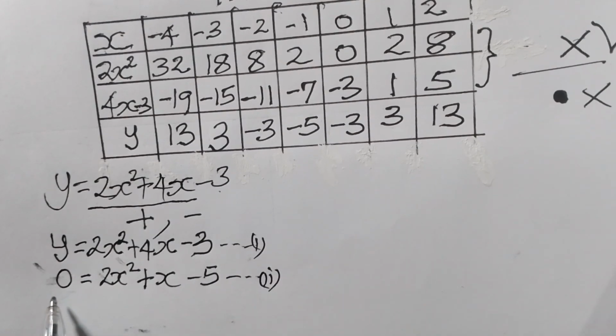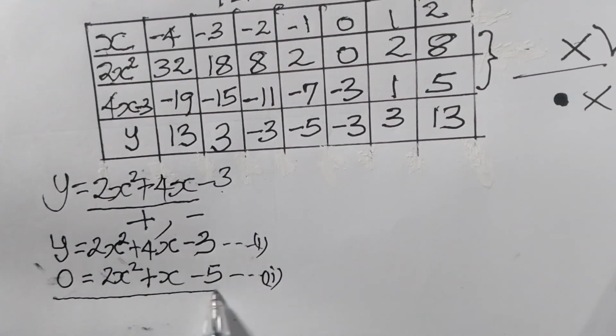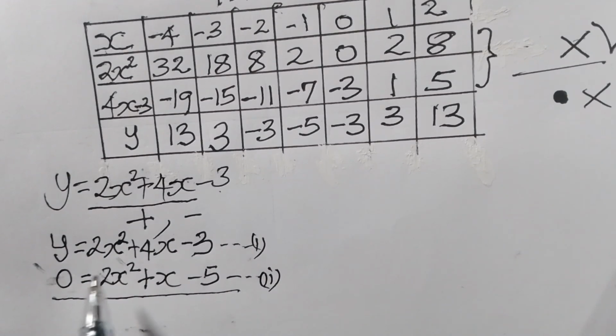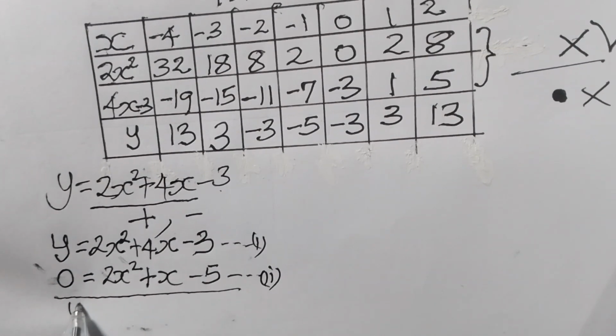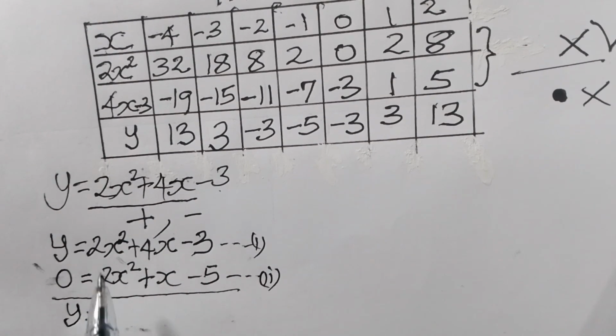So we are going to subtract equation 2 from equation 1 so that we can eliminate 2x squared. So when we get it aligned like this, it becomes easier. So y minus 0 gives you y to be equal to 2x squared minus 2x squared.